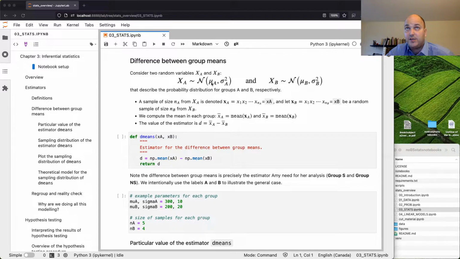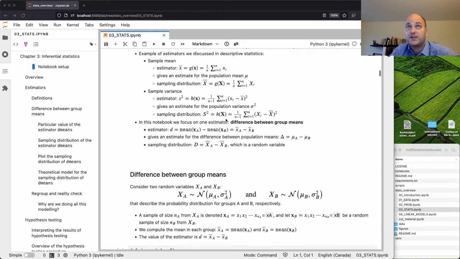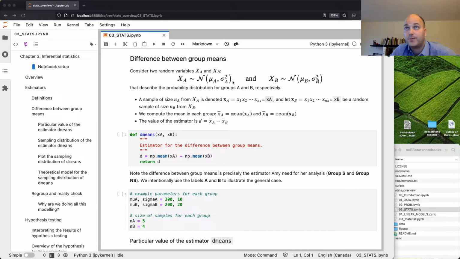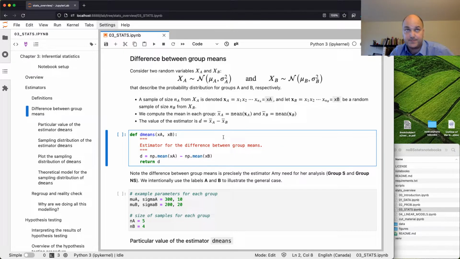Group A has a mean mu A and variance sigma A, group B has a mean mu B and variance sigma B. Take samples from each group, of sizes NA and NB, which could be different or the same. Compute the mean in each group, and then subtract. We're interested in the difference between the two population means, and we estimate that by computing the sample difference between means.